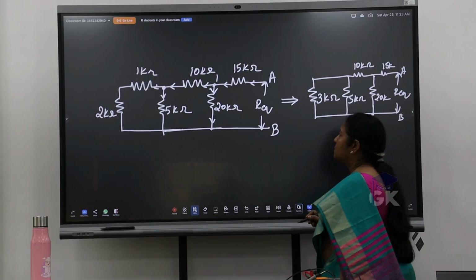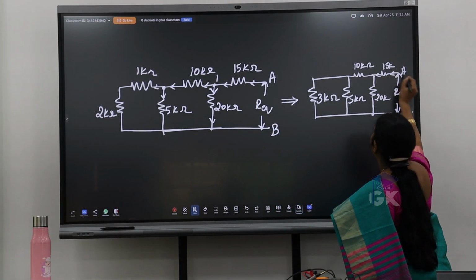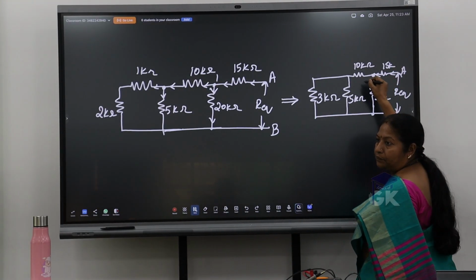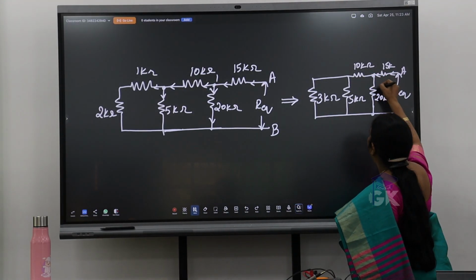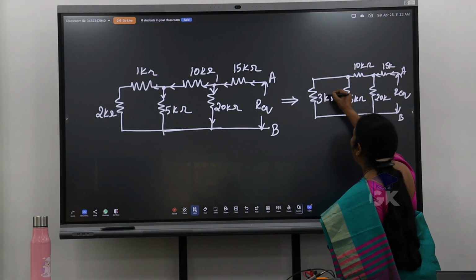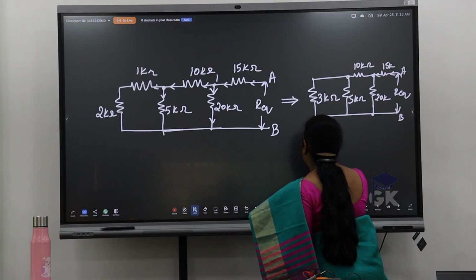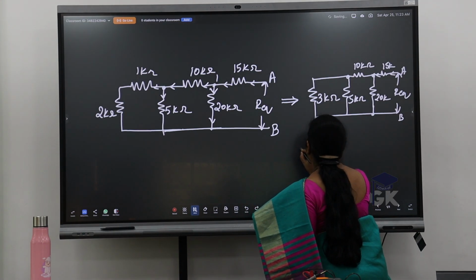Second step is, I can just see here, starting from A, these two are two branches. Correct? Okay, these two are two branches, and at this point we have two branches. First, so that you understand in the simplest way, I'll reduce, always from the back side. First 3K as it is.